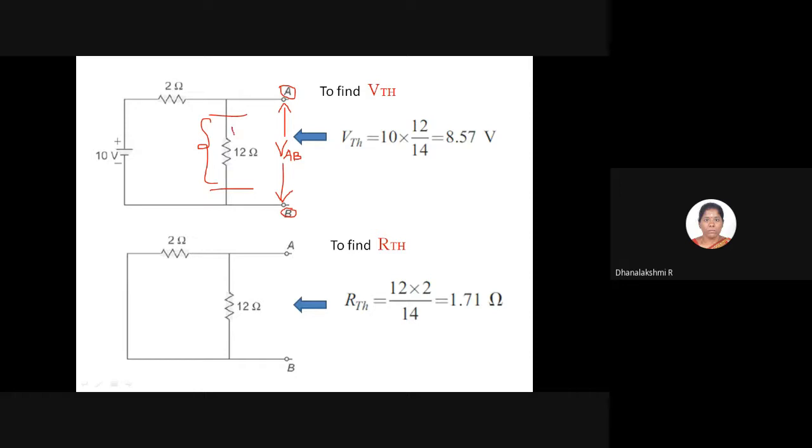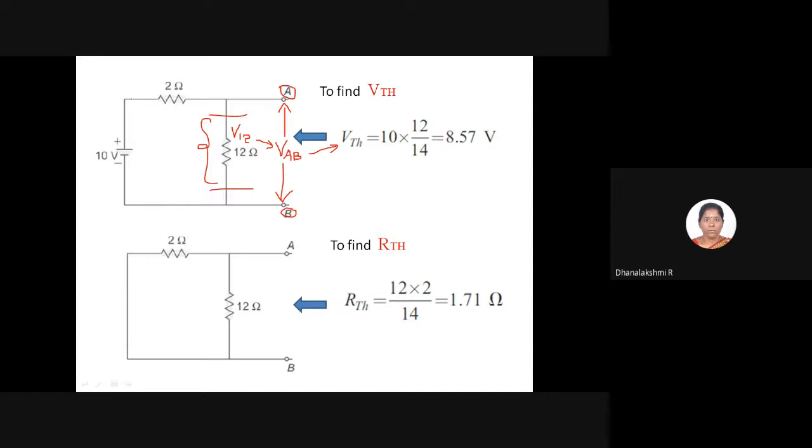I can say that V12, the voltage across this 12 ohm, is equal to VAB, and this VAB is equal to our Thevenin voltage VTH. So our idea here is to find the voltage across 12 ohm.